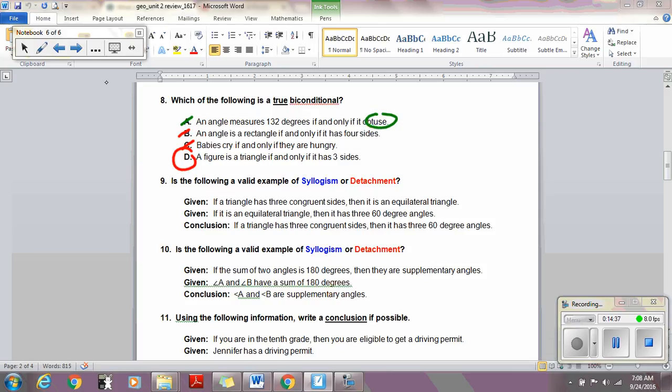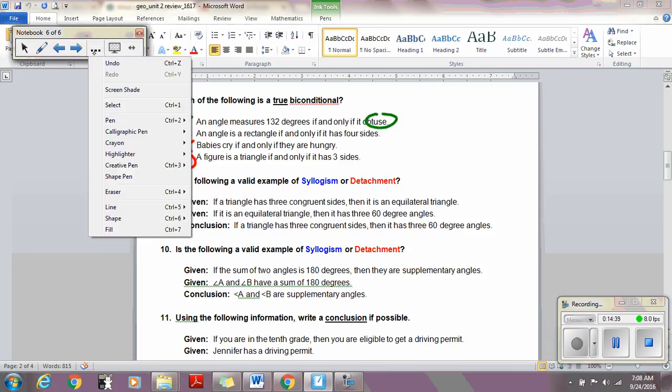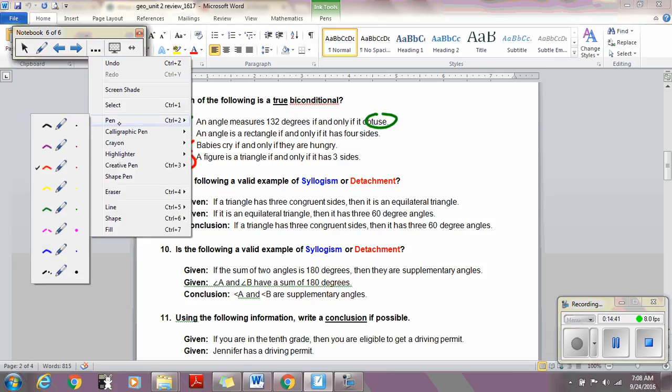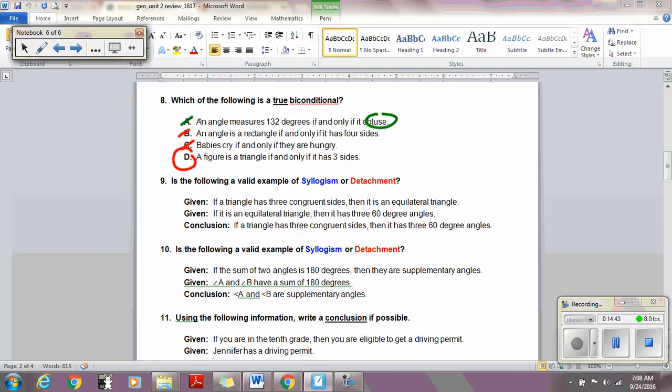So first of all, let's label our P's and Q's. So P is a triangle has 3 congruent sides. Q would be it is an equilateral triangle.